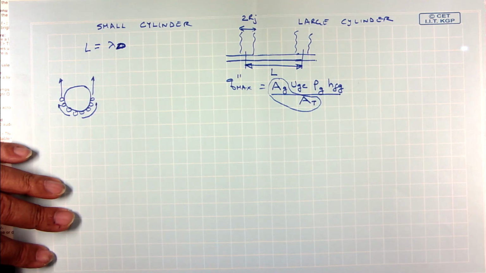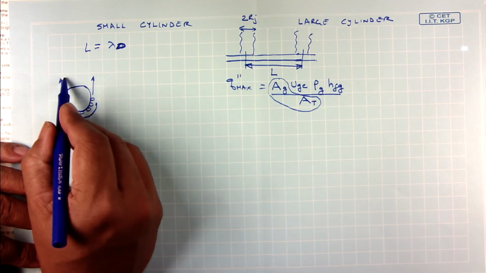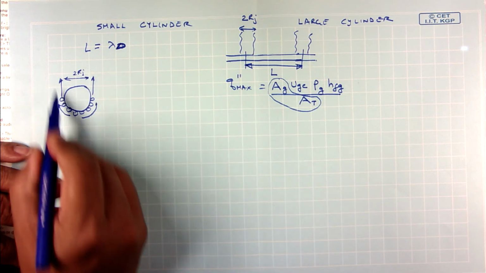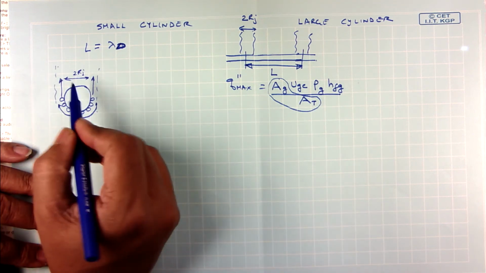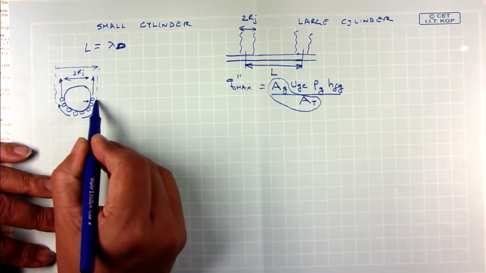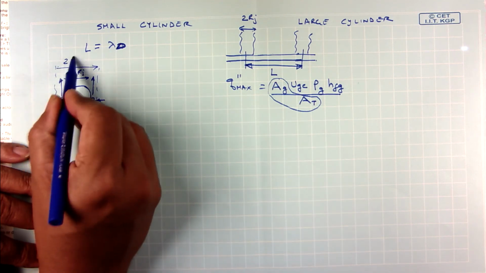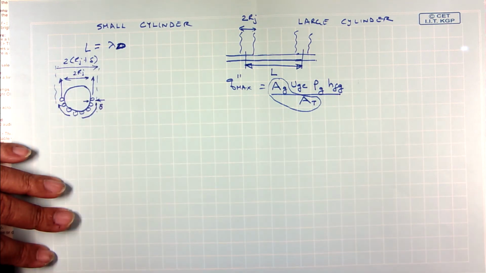So, if I look at it, the diameter of this heater is 2R, but if I assume that the thickness of this vapor layer is delta, this is equal to 2 times R plus delta, right.